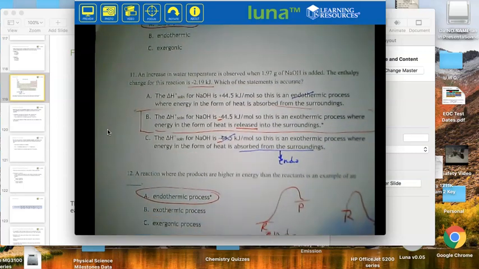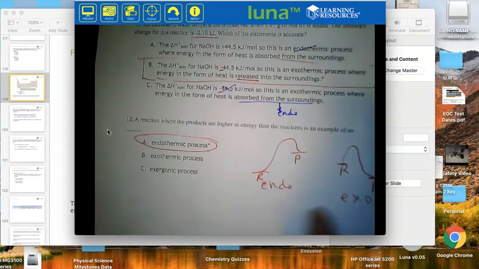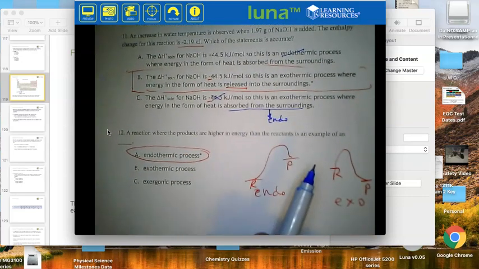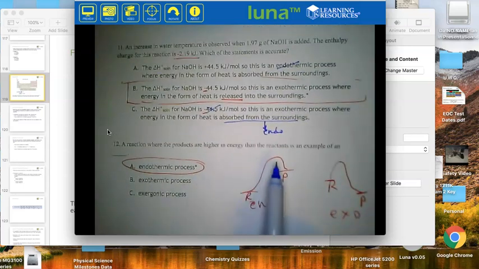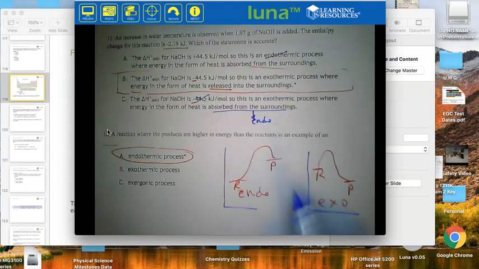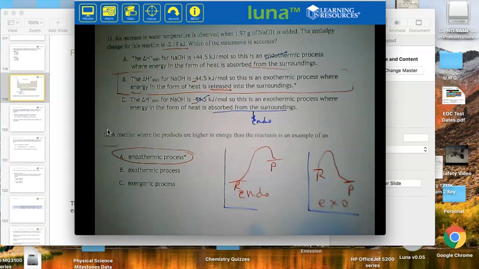Number 12 says a reaction where the products are higher in energy than the reactants is an example of what? And so that would be an endothermic reaction. I'm sure in your book there are some energy plots when we're talking about endothermic versus exothermic.